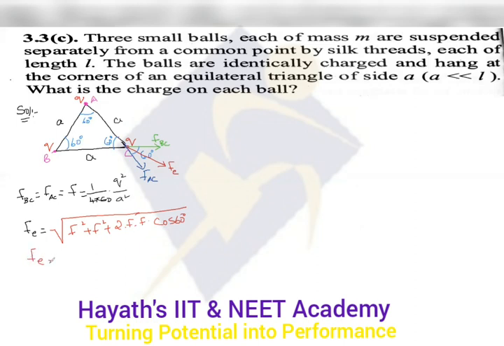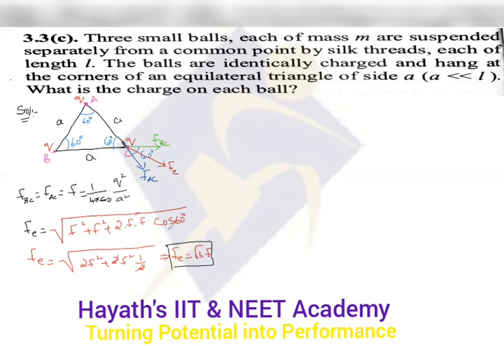Fe is equal to the square root of 2f square plus 2 f square into cos 60, and cos 60 is how much? 1 by 2. I can cancel this 2 and this 2, and finally I get Fe equal to the square root of 2f square plus f square, that is root 3 f square, or taking it out of the root, Fe is equal to root 3 f. We got the electrostatic force.